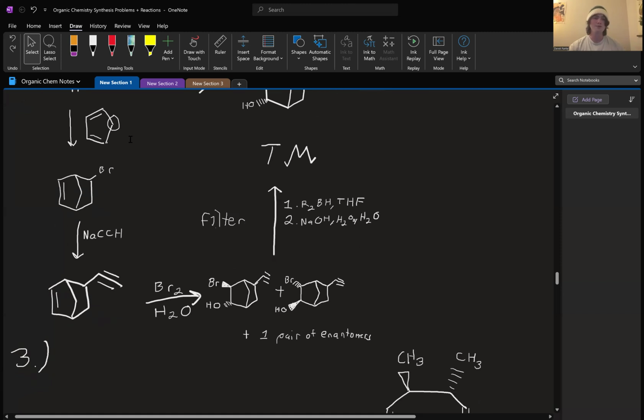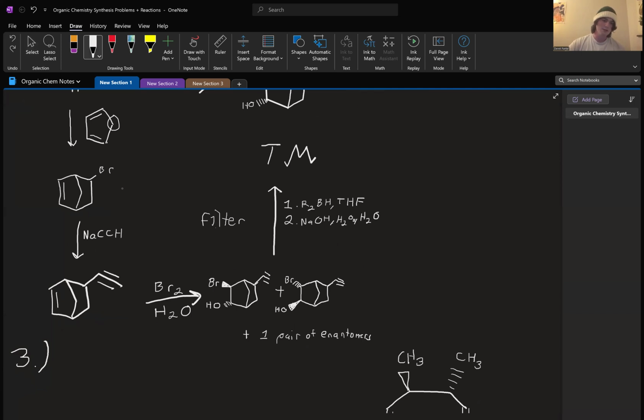Then we can substitute. There should also be a polar aprotic solvent here. So let's use DMAC as a polar aprotic solvent, with NaCCH to add this alkyne.